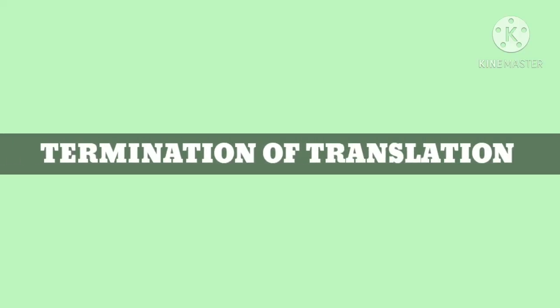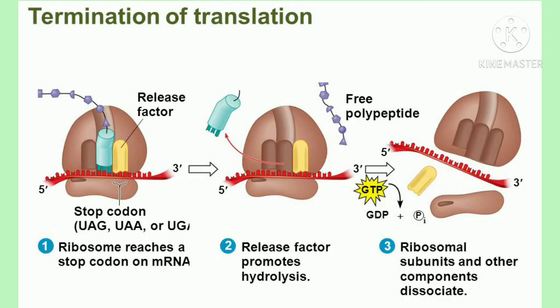Termination of translation. Termination of translation occurs when a nonsense codon, UAA, UAG, or UGA, is encountered.